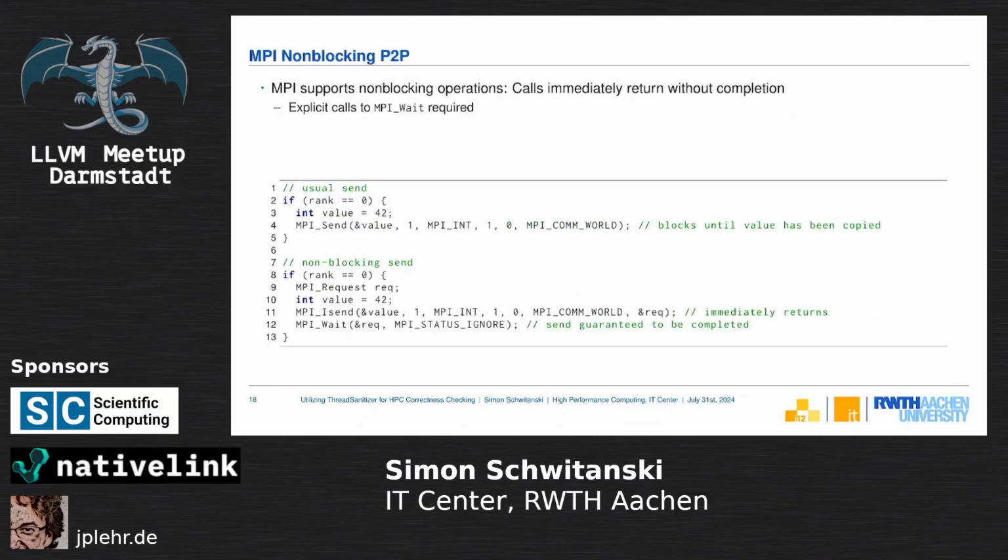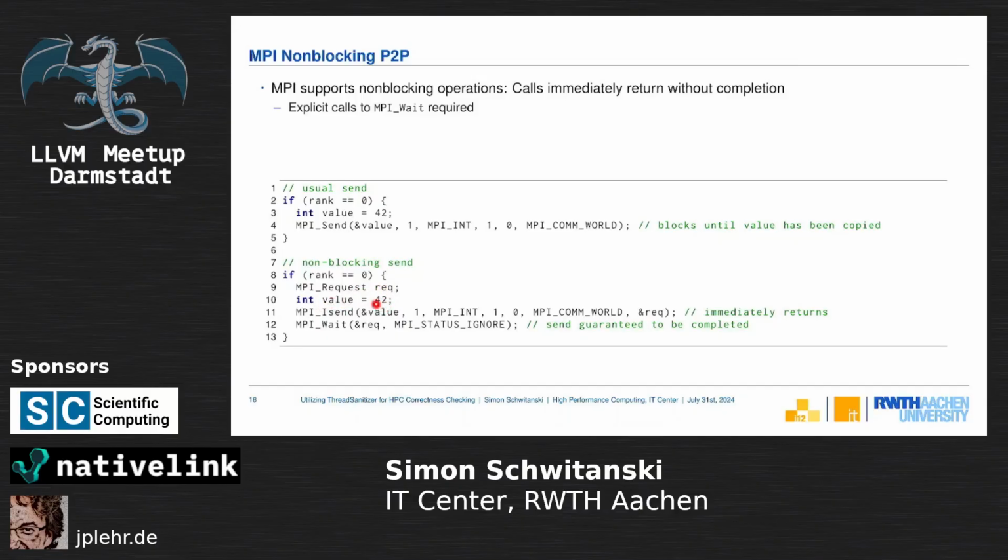You have in MPI also those non-blocking operations that you should also be familiar with, and those calls immediately return without completion. That means you have explicit calls to MPI_Wait. So here we have the usual send, and here we have the non-blocking equivalent. And we have to use this request object here that we will wait on later.